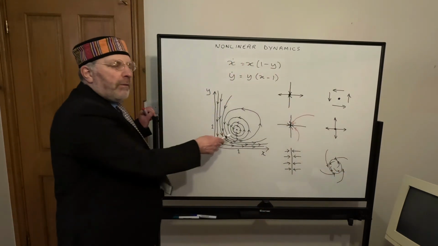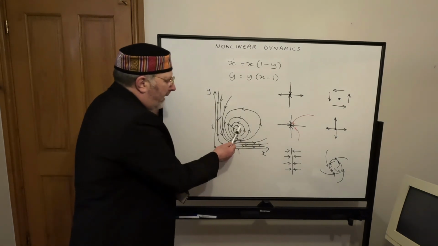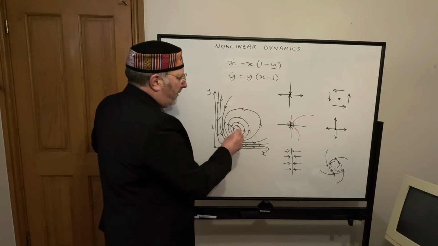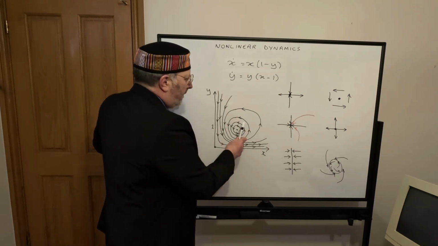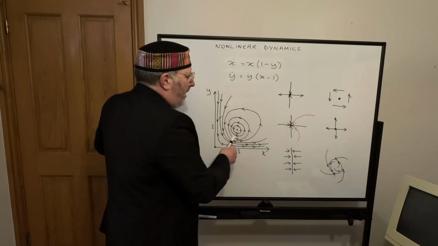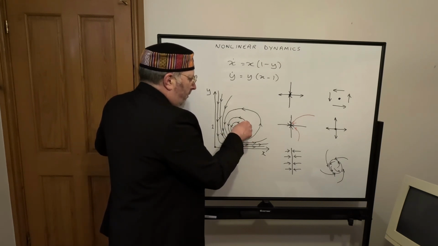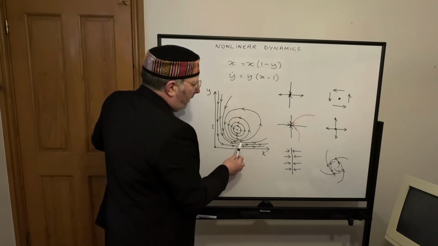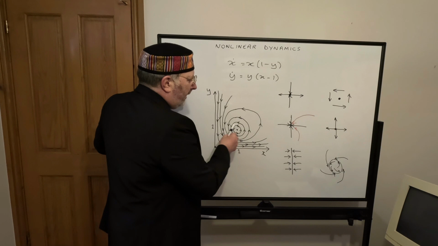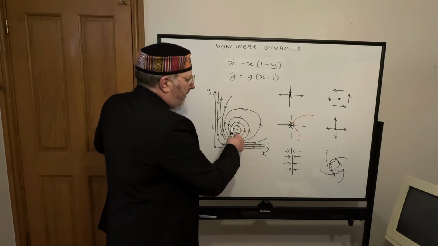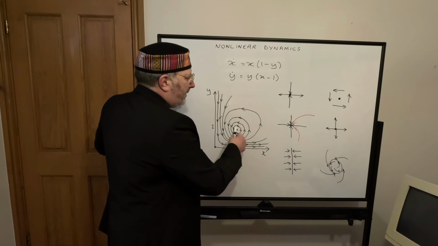Now that is different from what we had here, because here we had many cycles around this point. So this is a center that can have lots of cycles around it. The further away you are from it, the bigger the cycle you're going in. You can be in that cycle or you can be in that cycle depending on where you are. But with a limit cycle, there's one particular cycle that if you're out here, you're drawn into it and you end up, wherever you are, going around that particular cycle.